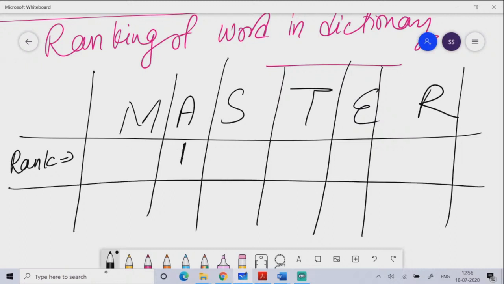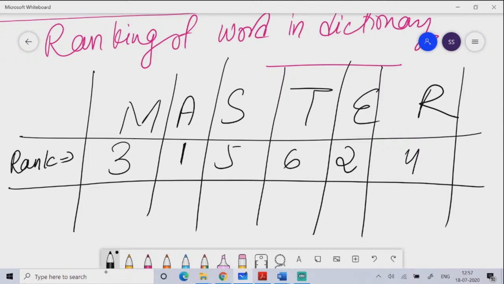Alphabetically A comes first, then E comes, then M comes third, after that R comes, then S comes, then T comes. Alphabetically assign a rank to each letter depending upon how they come in the alphabet.